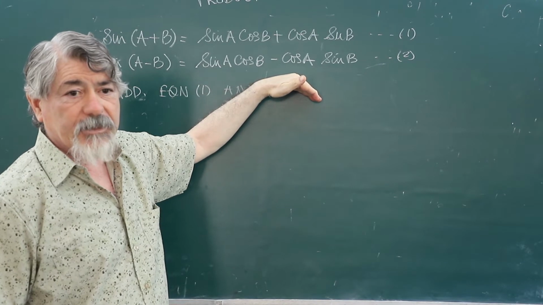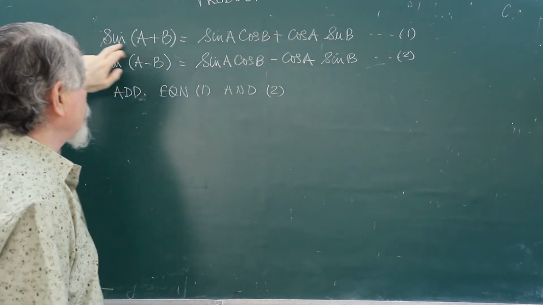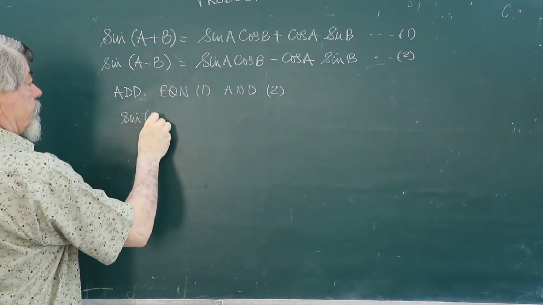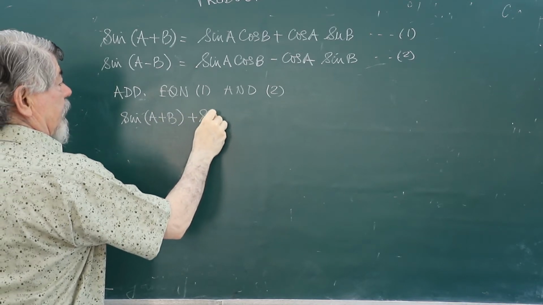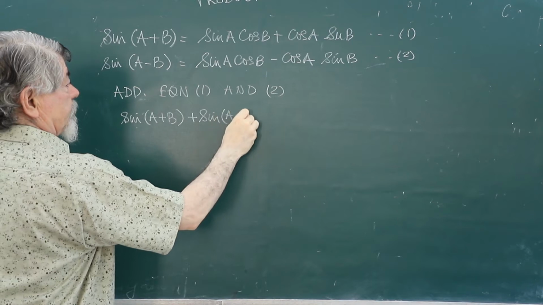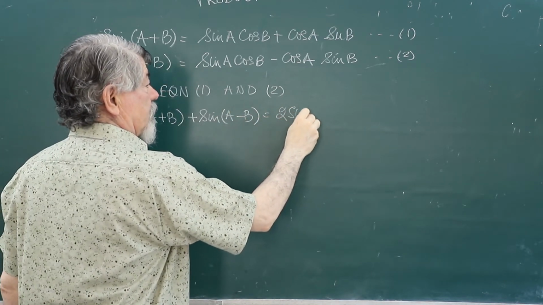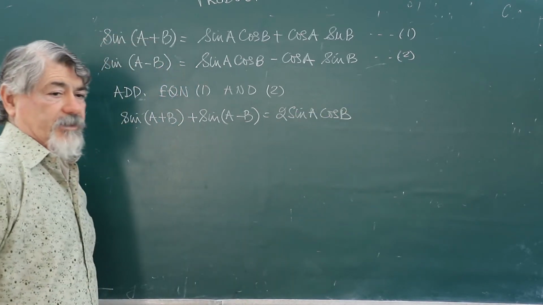So you will get sine A plus B plus sine A minus B as 2 sine A cos B. And we have got a new formula.